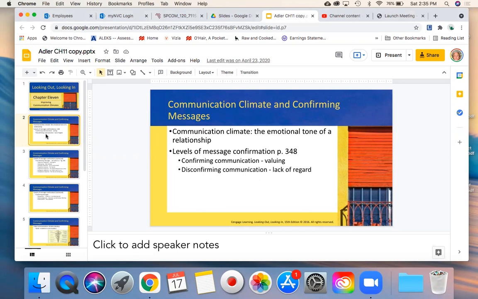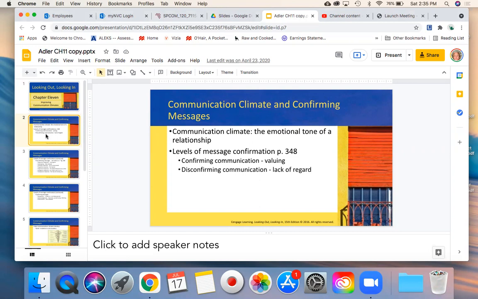Well, first of all, let's look at 347. Let's take a look at the confirming and disconfirming messages. Confirming messages tend to describe messages that convey valuing. They say things like you exist, you matter, you're important. So messages that make you feel that way are confirming messages.